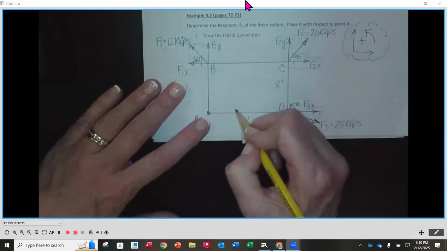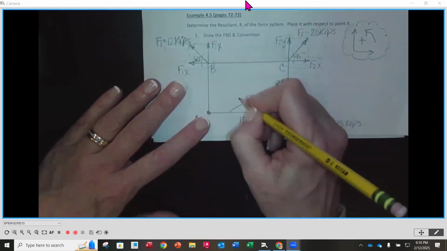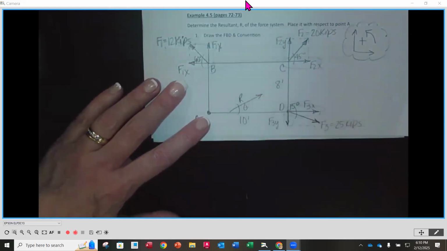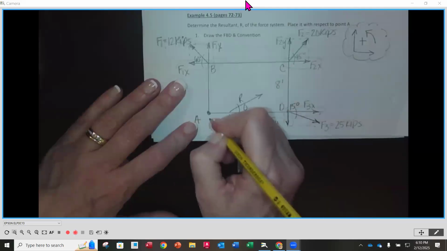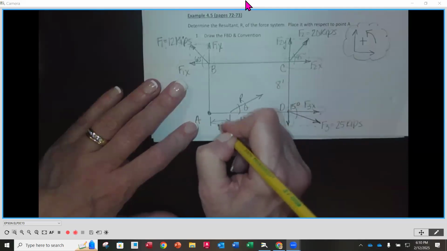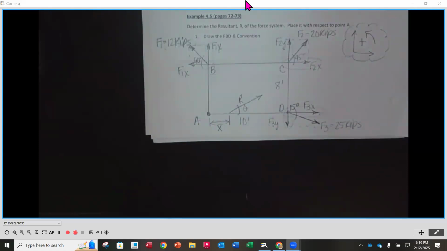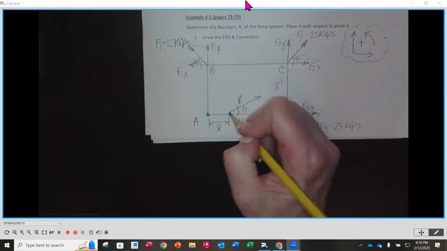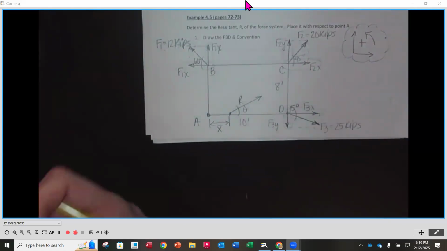I know that my resultant is going up in this direction at theta. I want to know how far away from A I can place my resultant?